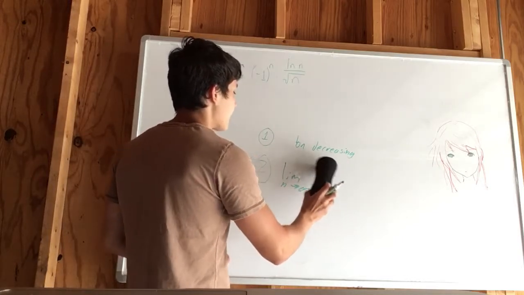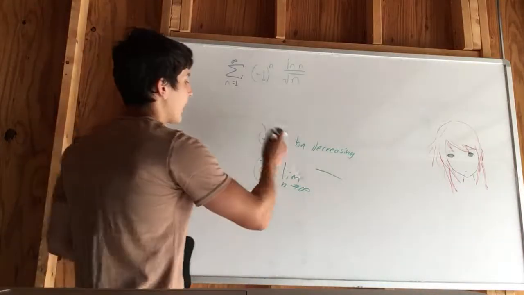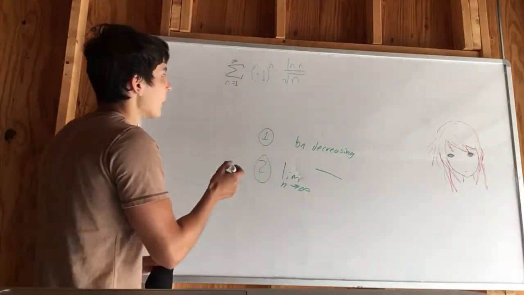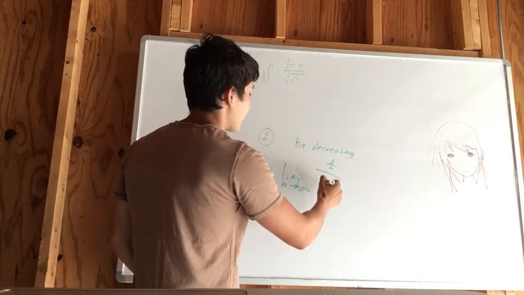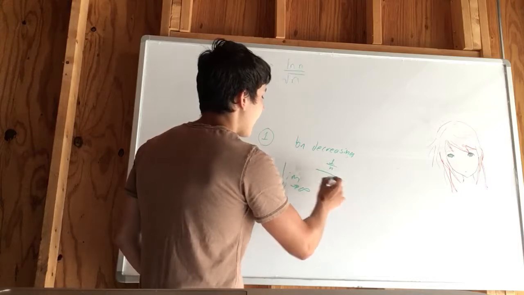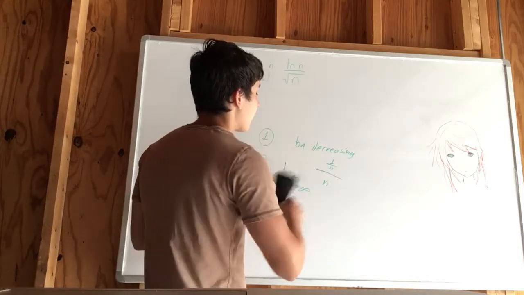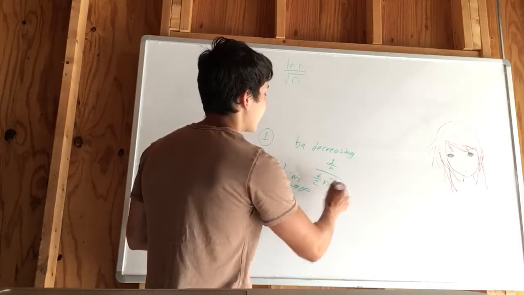So this is not the quotient rule. Because we're taking a limit and we got an indeterminate form, we can just take the derivative of the numerator and the bottom without the quotient rule. That's L'Hopital's. We bring the 1/2 down and subtract 1/2 from the exponent. That's how you take the derivative.